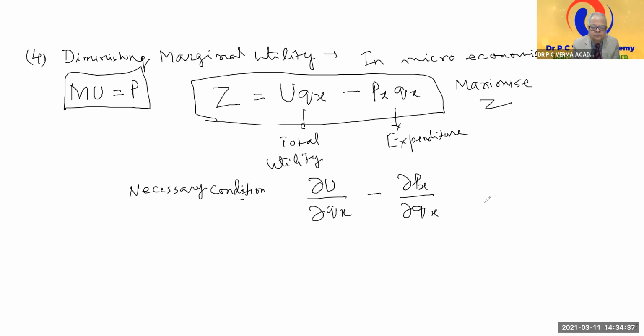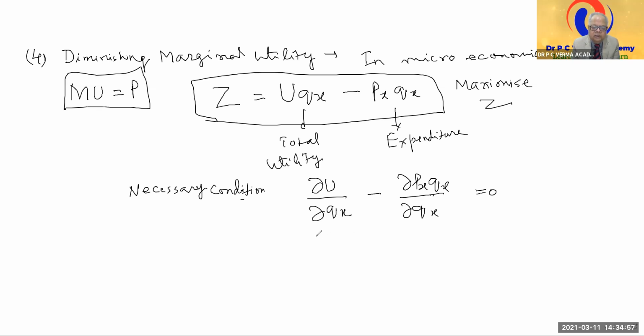Sir, PX will be constant, no? Del PX by del QX is equal to 0.